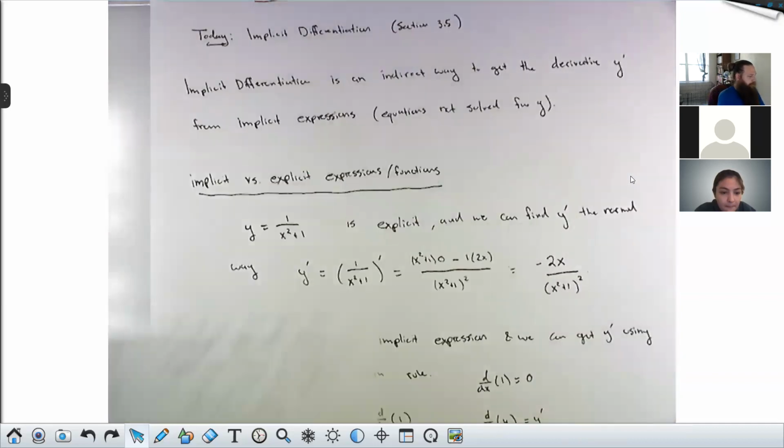More exciting, I think, is some of the other stuff you can do with implicit differentiation. Like we can use implicit differentiation to find the derivative of inverse trig functions.